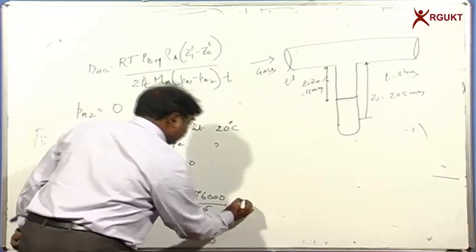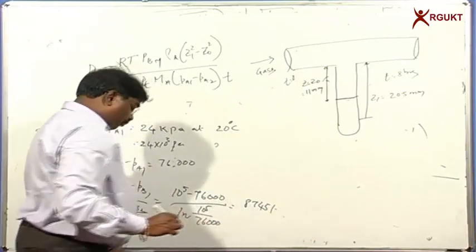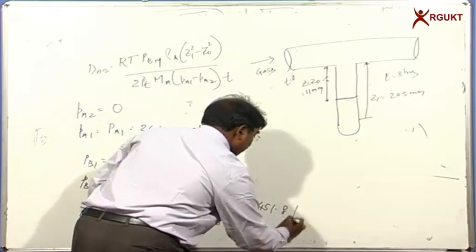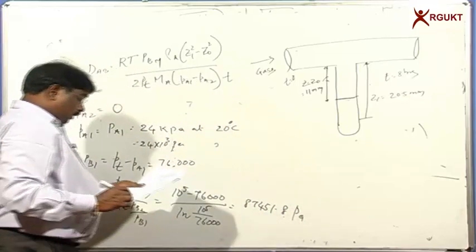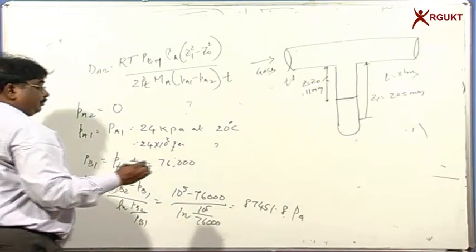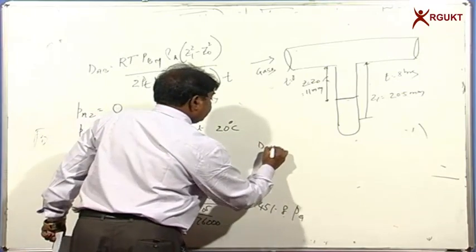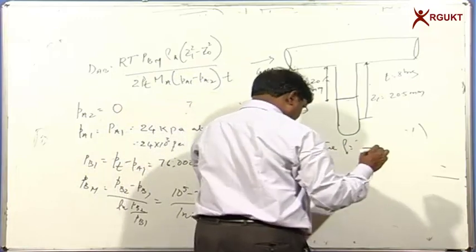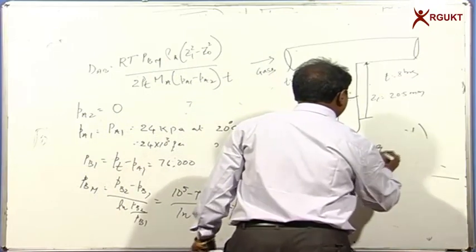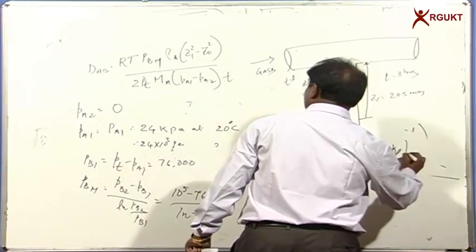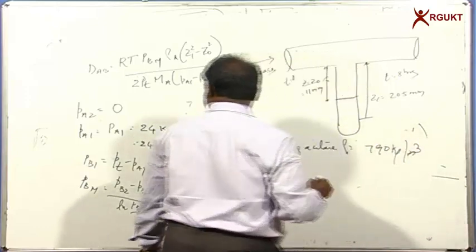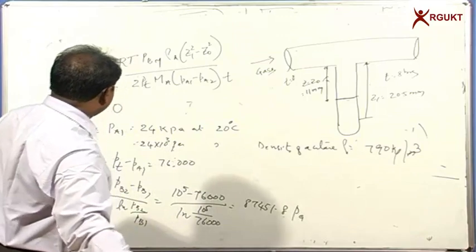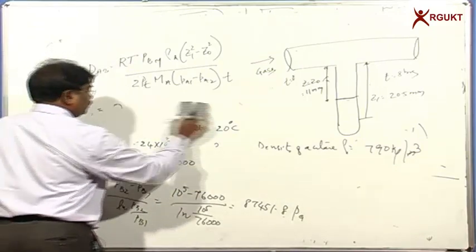That is going to become 87451.8 pascals. And the density of acetone is given as 790 kg per meter cube.